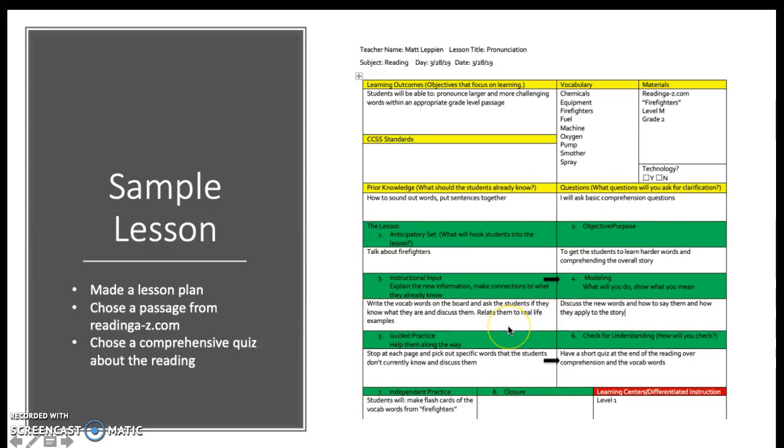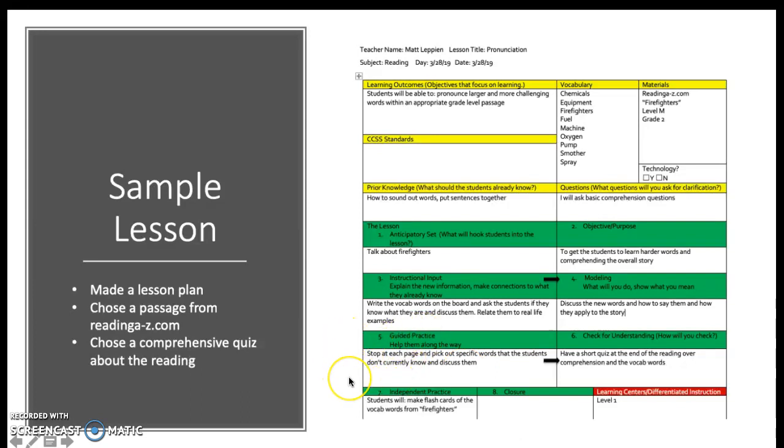So I will write the vocab words that I previously mentioned on the board and ask the students if they know what they are, and if they do, to discuss them. But if they don't, I will discuss them and relate them to real-life examples. I will discuss the new words and tell them how they apply to the story after they have read the story.